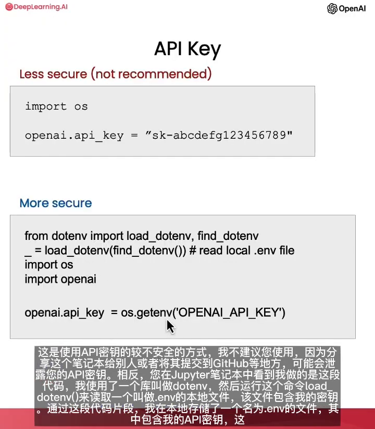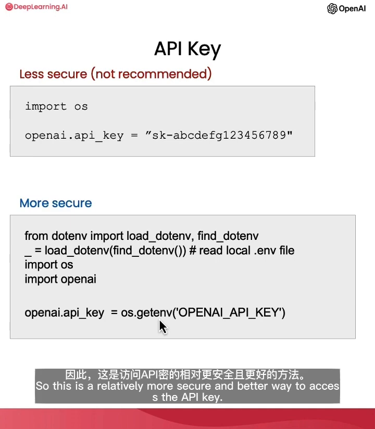So with this code snippet, I have locally stored a file called .env that contains my API key, and this loads it into the operating system's environment variable, and then os.getenv("OPENAI_API_KEY") stores it into this variable. In this whole process, I don't ever have to enter the API key in unencrypted plain text into my Jupyter notebook.